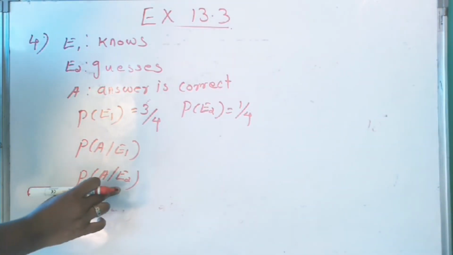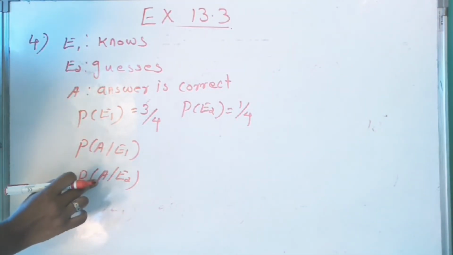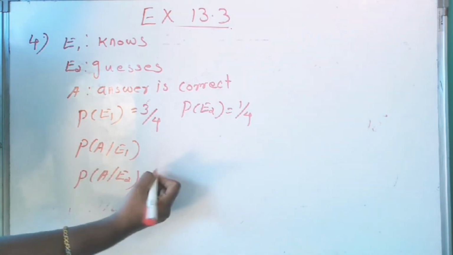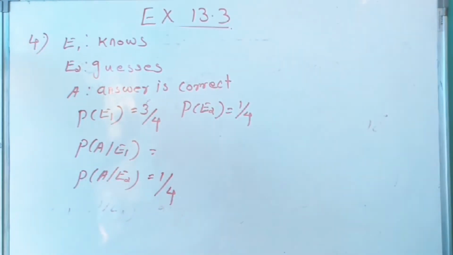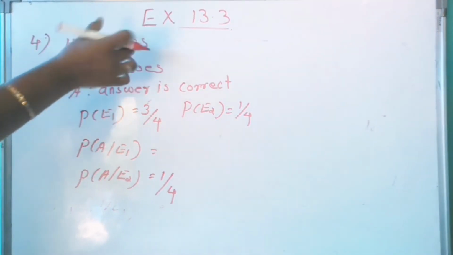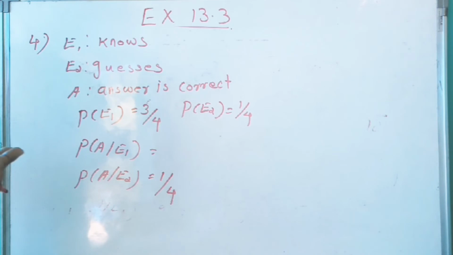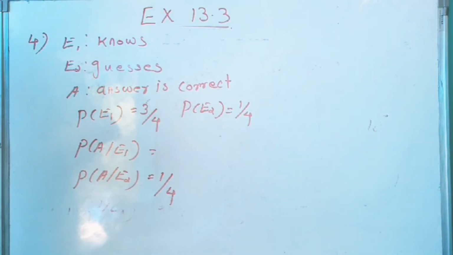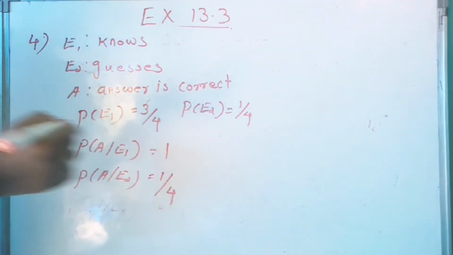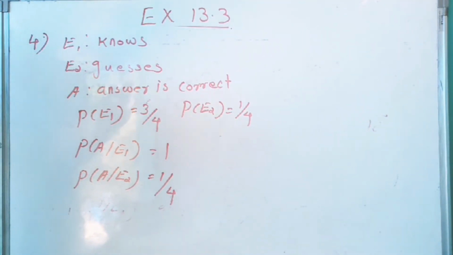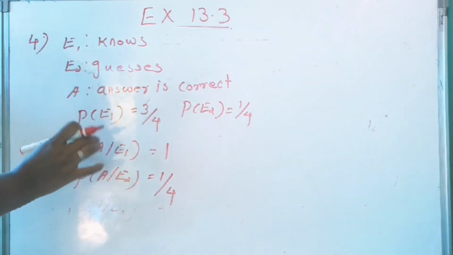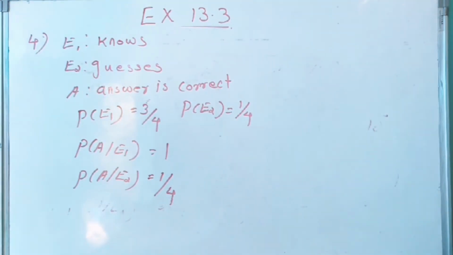He guesses the answer, that is our E2, and that is also correct. So that probability is 1/4. Now my question is, what is P of A given E1? E1 means he knows the answer and the answer is correct. That probability is 1, a sure event. If he knows the answer, then surely the answer will be correct. So P of A given E1 is equal to 1.